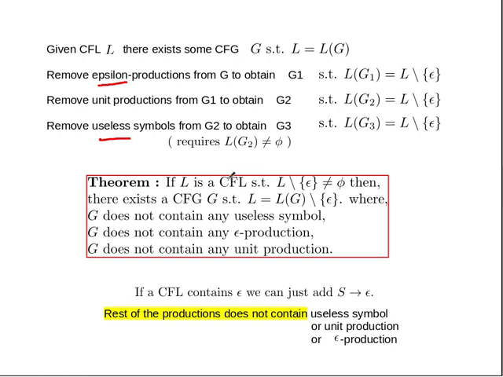that means if there exists any CFG for L, then if we take L minus epsilon, and if it is non-empty, why do we require this to be non-empty? Because at this step, if you go back to the useless symbol video, while removing the useless symbols, we required the language to be non-empty, because if the language is empty, then S itself is a useless symbol and we cannot remove S, because we have to have some start symbol.